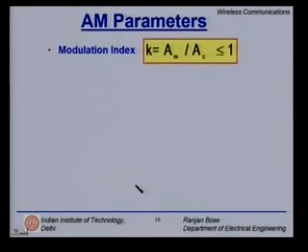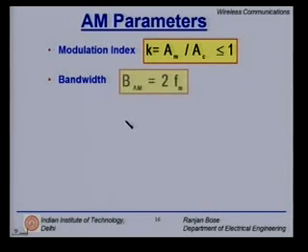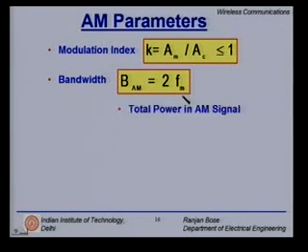What are some of the parameters? The ratio of the peak amplitude of the message to the peak amplitude of the carrier is called the modulation index, and it is less than or equal to 1. The bandwidth for AM is twice f_m, the maximum bandwidth of the message signal.